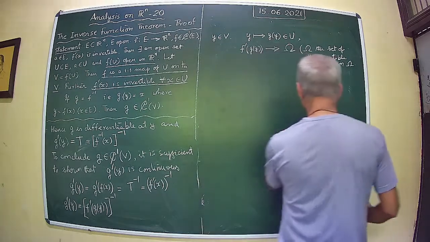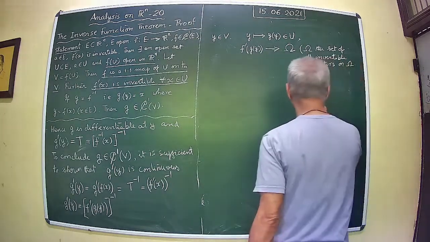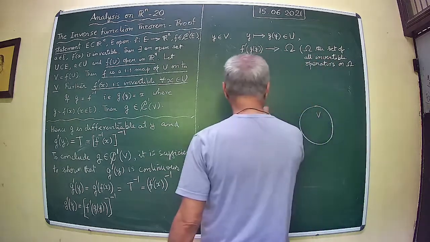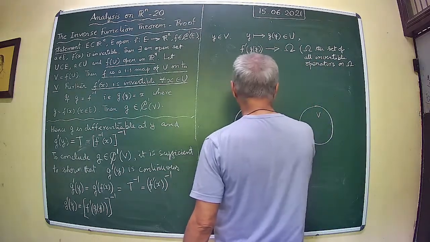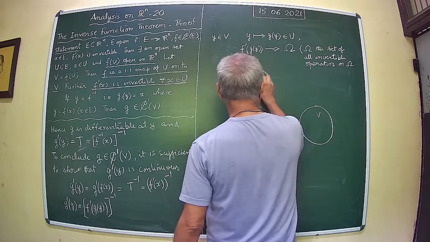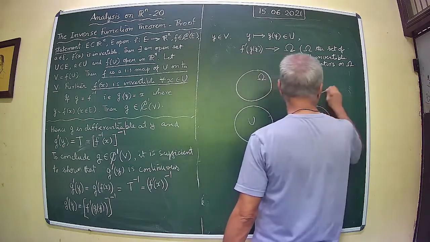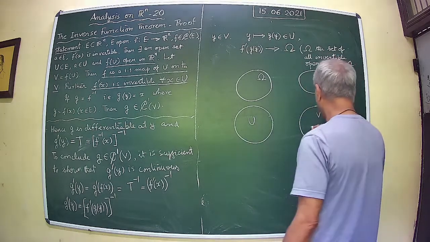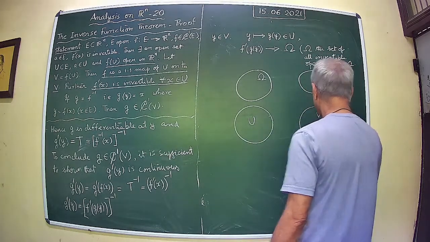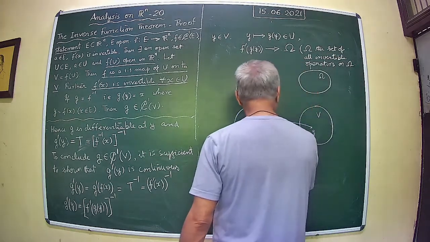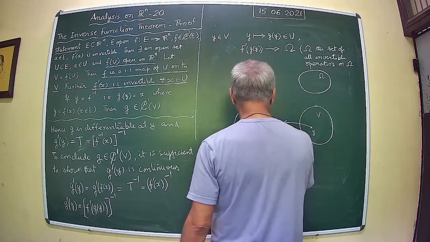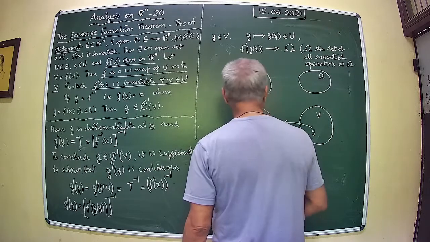Omega is the set of all, say this is the scenario. You have V, you have U, you have omega, copy of omega. So we take y, gy maps it here to f of x.